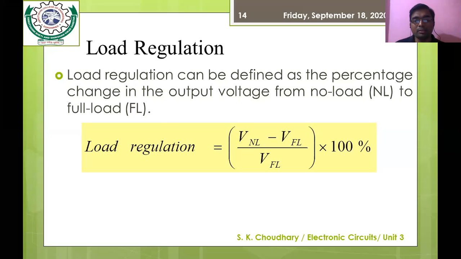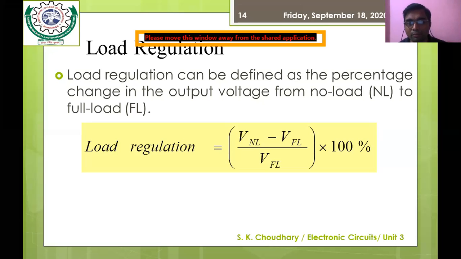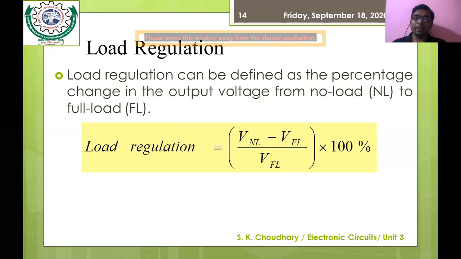The formula is VNL minus VFL upon VFL, which means the percentage change in output voltage from NL to FL with respect to the full load voltage, multiplied by 100. That is the formula of load regulation. So these are the two very important performance parameters. Actually there are three, and temperature stability is also one of them, but these two are used for solving the numericals also. So note down this formula.